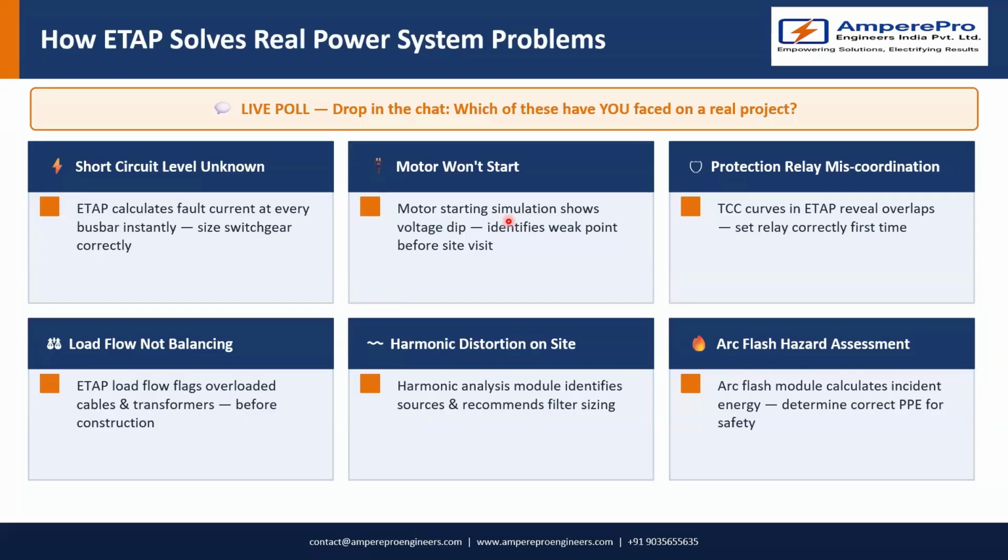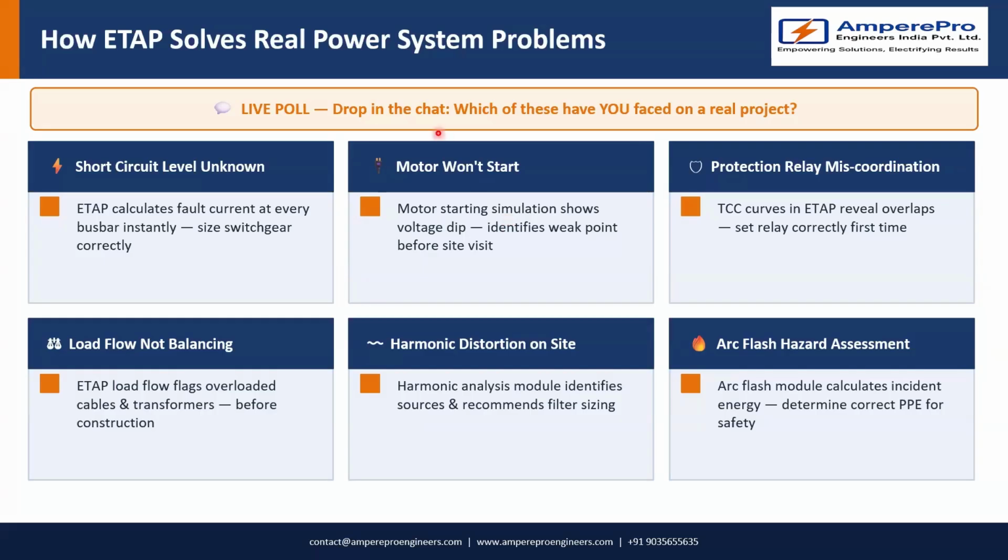Some common power system problems: we don't know the short circuit level, or we are not sure whether a motor will start or not. We can do the simulation and understand what happens when you start a high-capacity motor on the bus and which parameters it will impact.